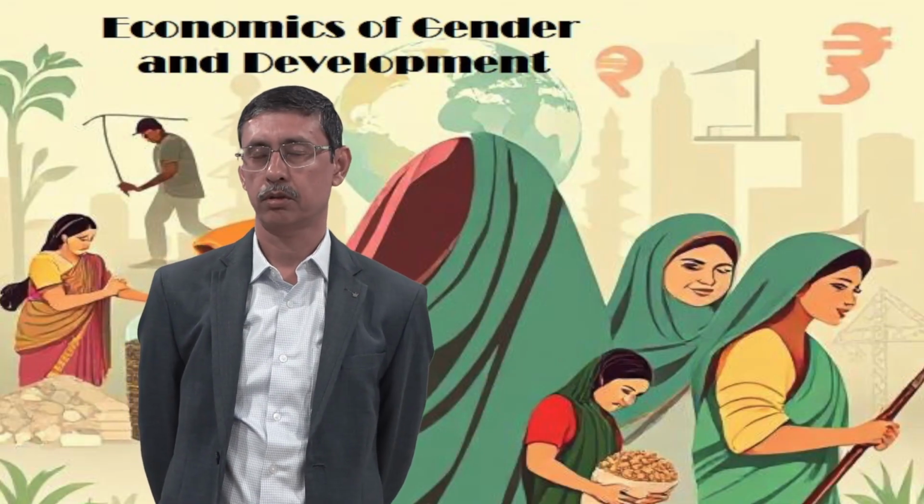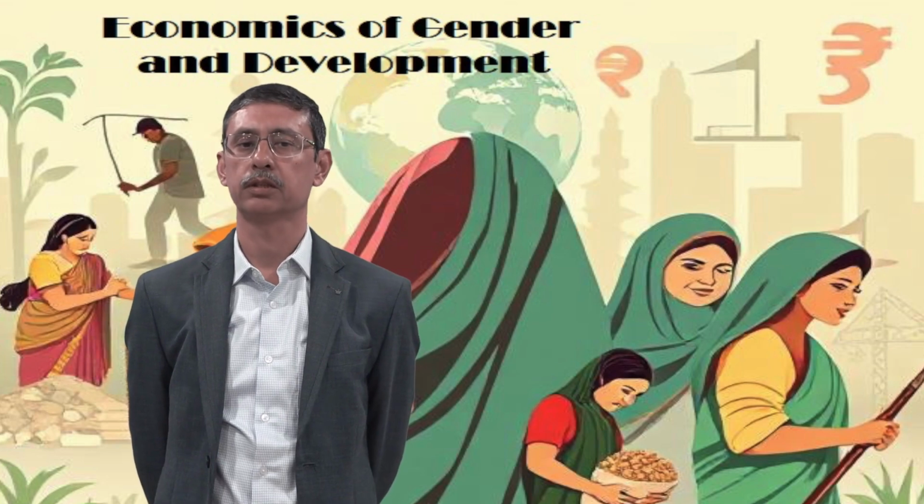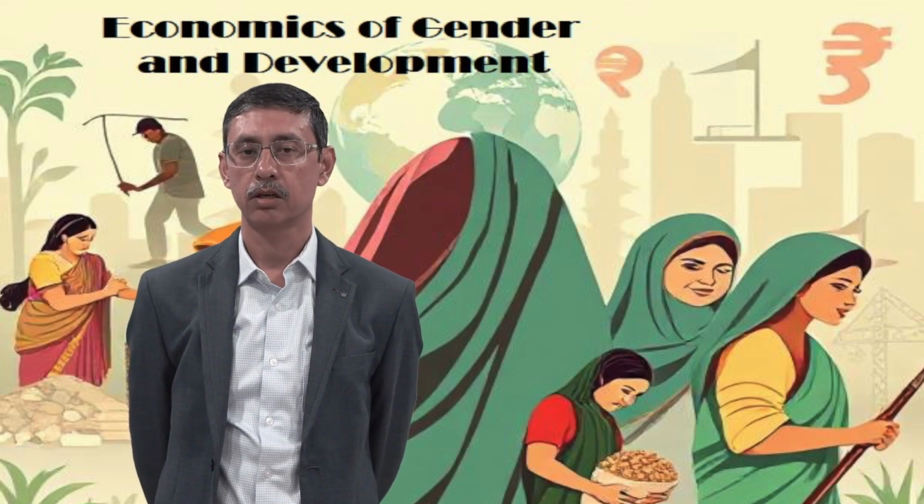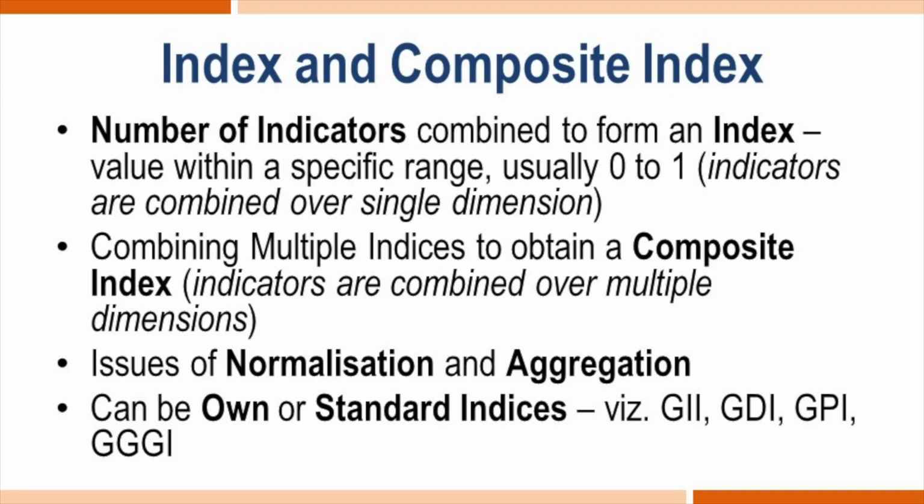The second approach of measuring gender difference relates to different kinds of indices or composite indices. A number of indicators are combined to form an index. An index is a summary measure which tries to provide some normative idea regarding the achievements of a large number of indicators. Index values can range from 0 to 1.